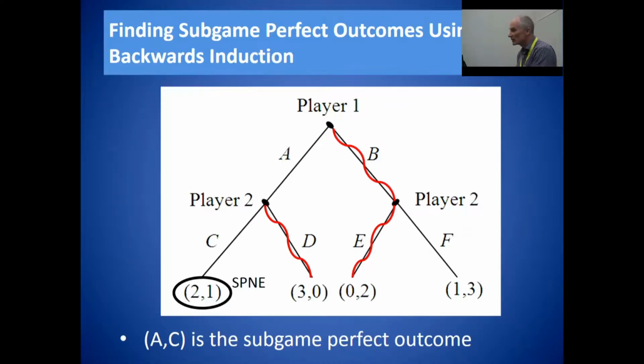It's just the reverse wasn't true. Not every Nash equilibrium is a subgame perfect outcome. And for a dynamic game like this, that's what we require. It's a subgame perfect Nash equilibrium. And there you go. That's how you identify it by the process of backwards induction.